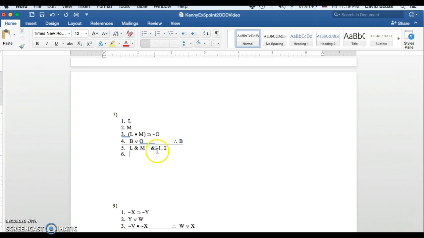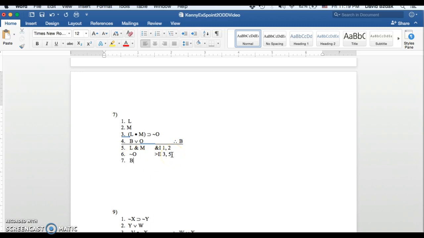So now we have the antecedent of this conditional, so we can apply conditional elimination to get not O. Remember, conditional elimination takes two inputs, a conditional, that's on line 3, and the antecedent of that conditional, which is L and M, and that's down here on line 5. So 3 and 5, applying the rule conditional elimination gives us not O.